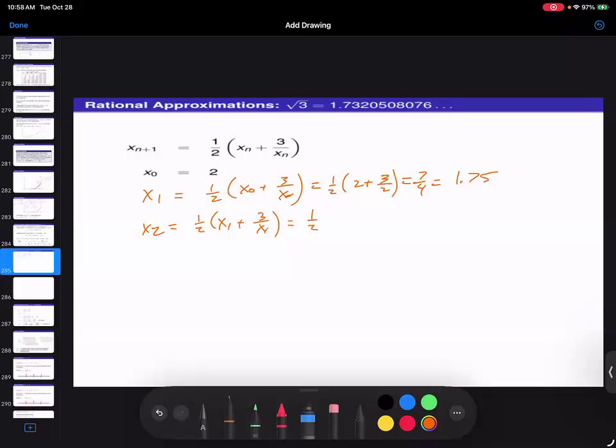So it's 1/2 7/4 plus 3 over 7/4, which is going to be 12/7. So that's going to be 49 plus 48 over 28. So it's going to be 97 over 56.